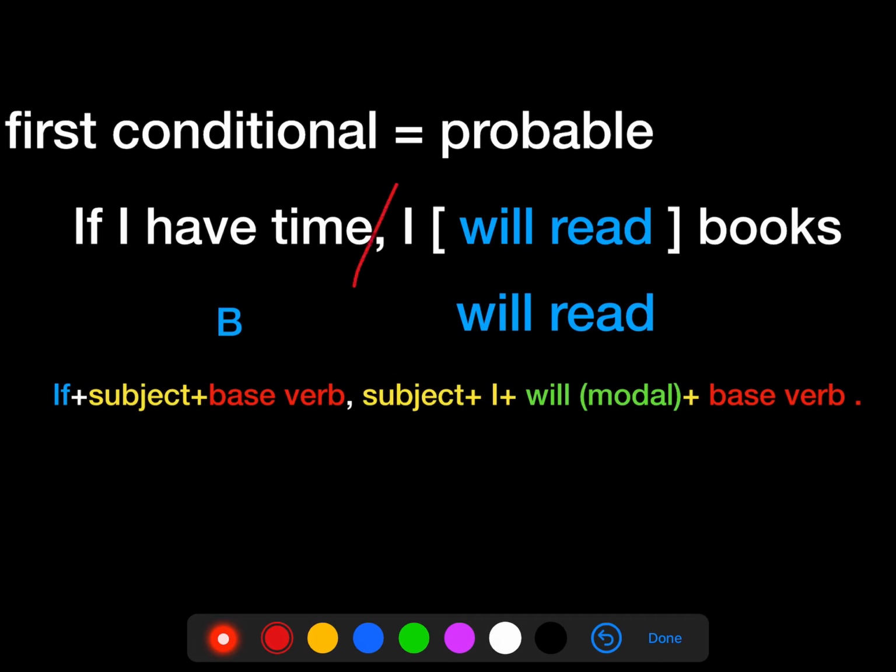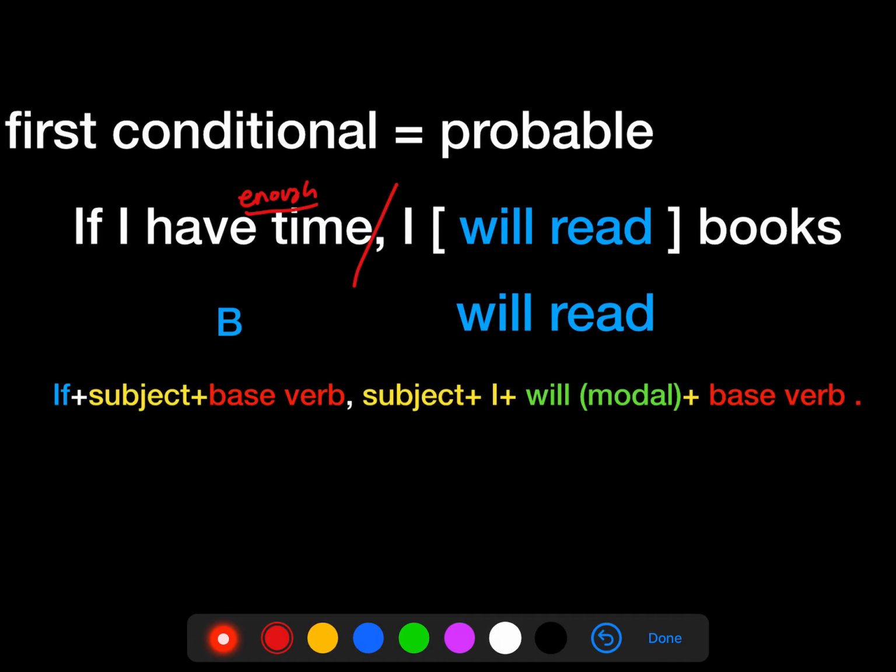Having enough time is not always 100% true. We can have enough time sometimes, if it's possible in future situations. That's why we use the first conditional.